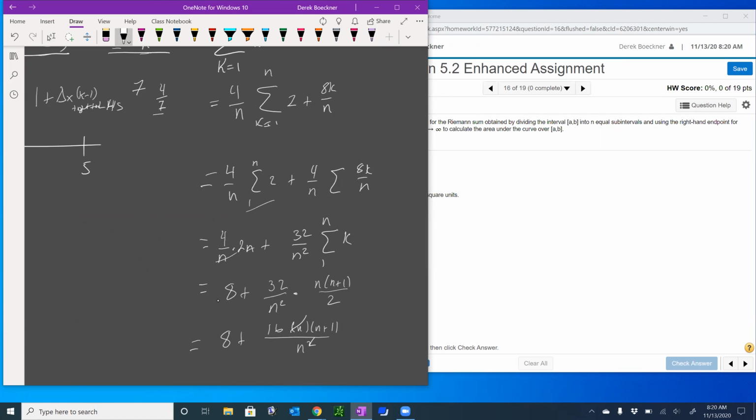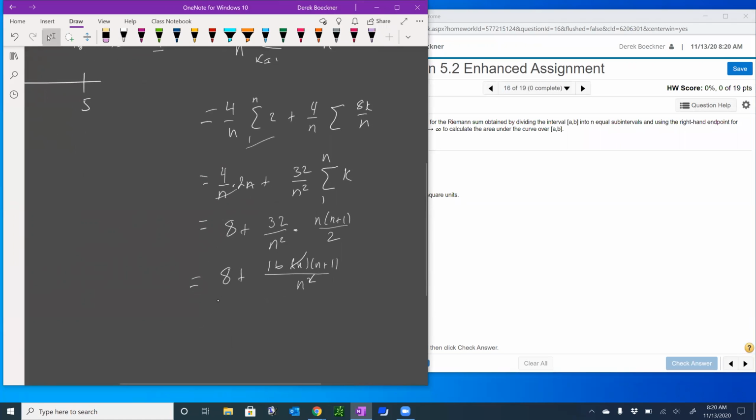That cancels. You get 8 plus 16n plus 16 over n, which is 8 plus 16 plus 16 over n, which is 24 plus 16 over n.